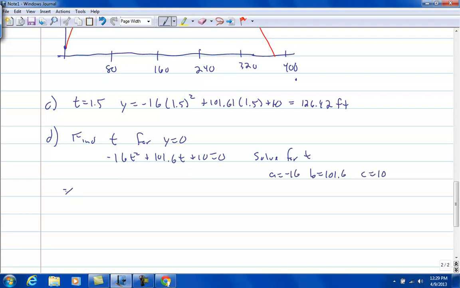So if you recall the quadratic formula, I usually say x, but I better make myself say t equals negative b, so it's negative 101.6 plus or minus the square root of b squared, which is 101.6 squared, minus 4 times our a, negative 16, times our c, 10, all over 2 times a, negative 16.